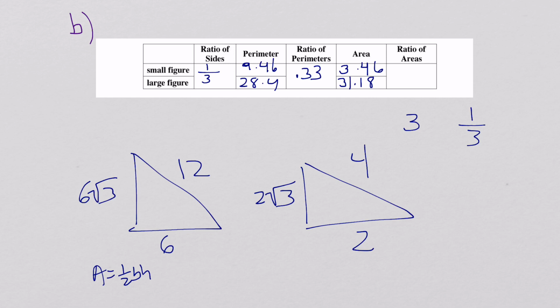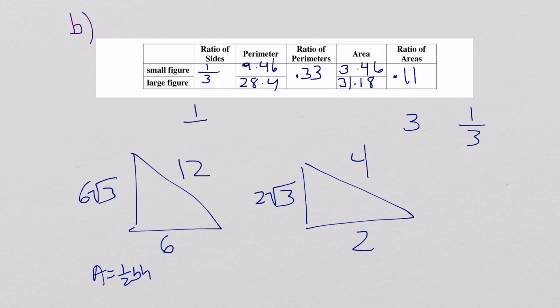All right. Now, let's take the ratio. 3.46 divided by 31.18 is approximately 0.11. Now remember that the ratio of sides is related to the ratio of areas by squaring. So let's just check that.